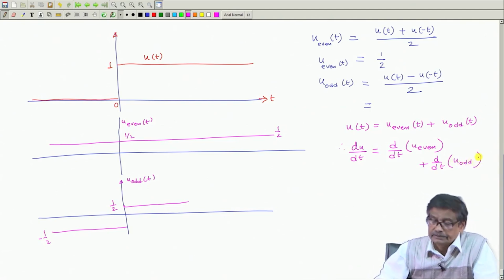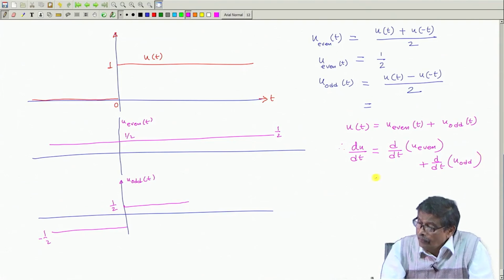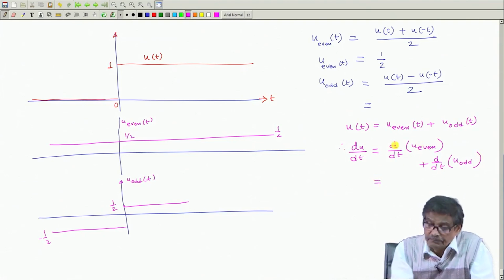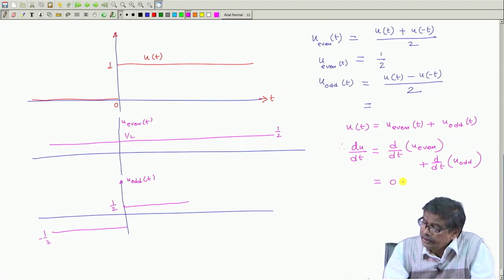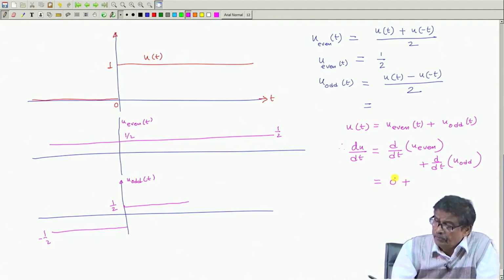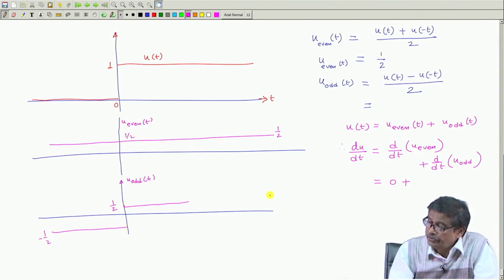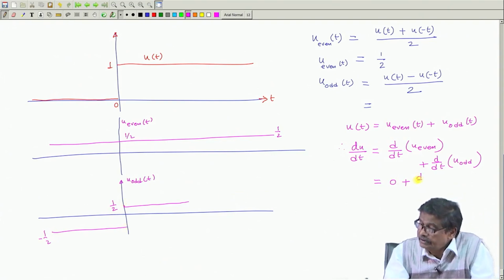Now, obviously, this first term is constant throughout, so it will be 0, and du/dt is nothing but the derivative of this function u odd(t).